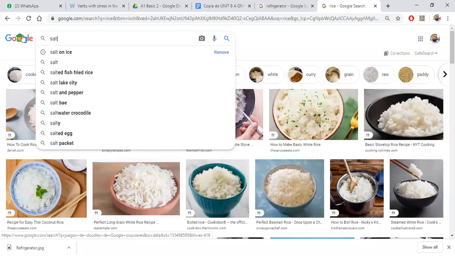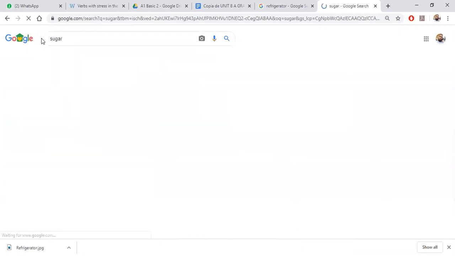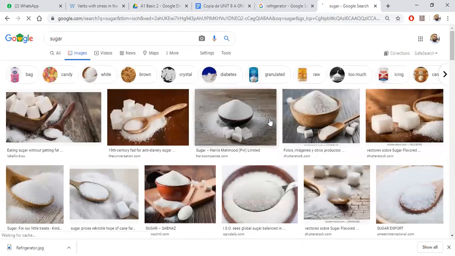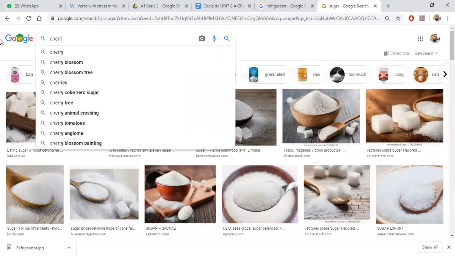We have salt. Salt is obviously smaller. So salt is uncountable. It's impossible to count it. Sugar. Sugar is uncountable because it's very, very, very small, similar to salt. So we don't count it. Now, what happens with cherries?